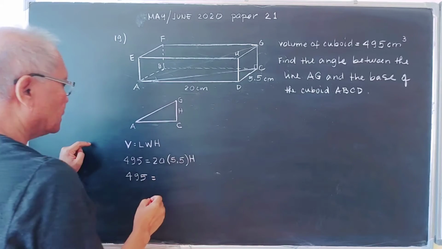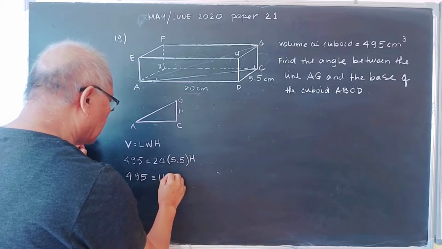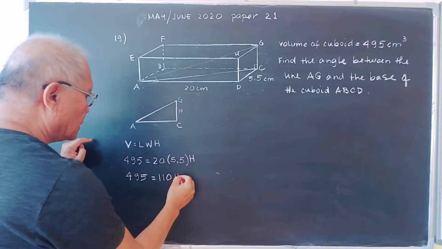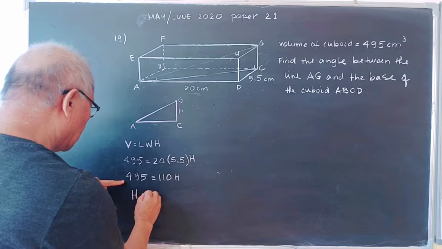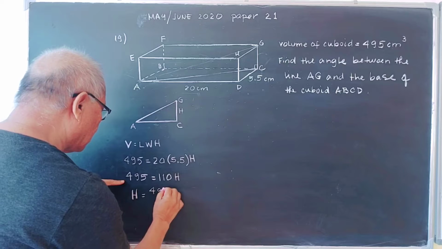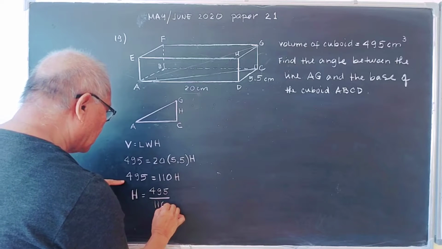Now 20 times 5.5 is 110, times h is 110h. And then solve for h. h is equal to 495 over 110.